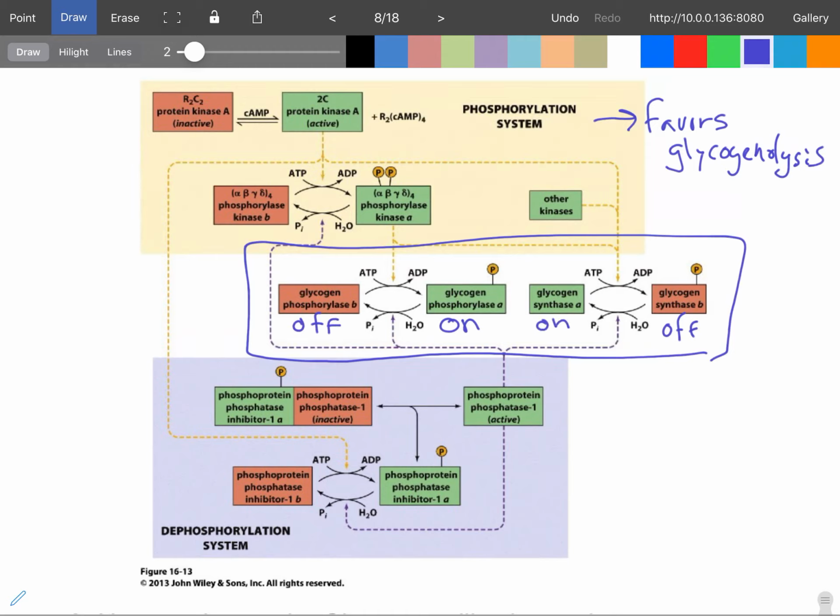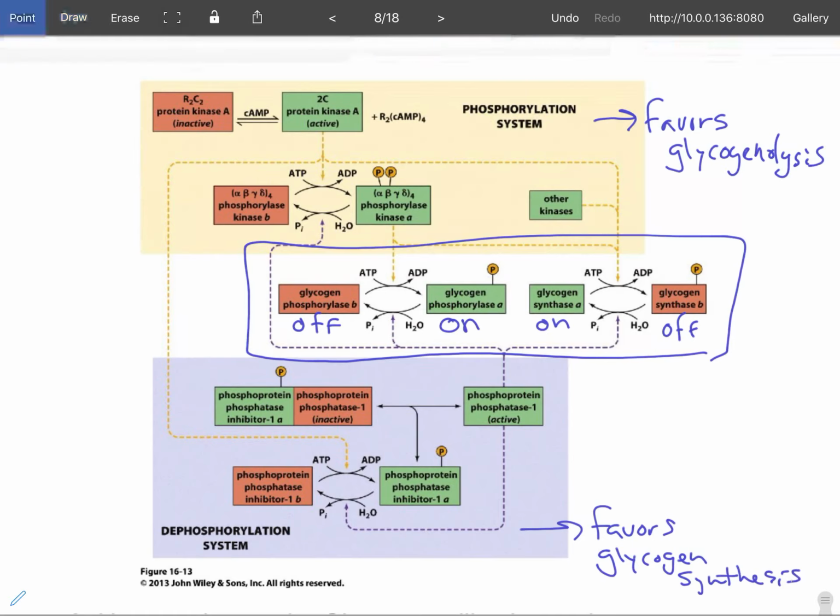So the dephosphorylation system favors glycogen synthesis. And the dephosphorylation system is probably turned on because the cell has an abundance of energy and does not need ATP. So we're going to stop breaking down glycogen, and instead we're going to store glycogen away.